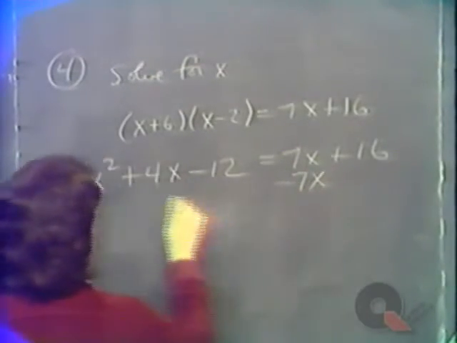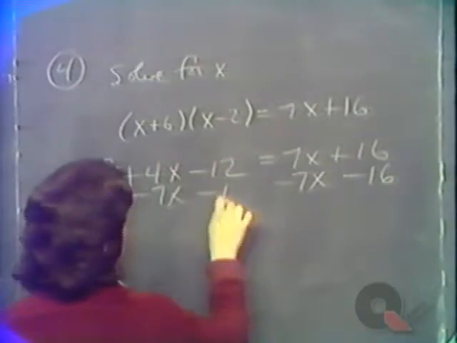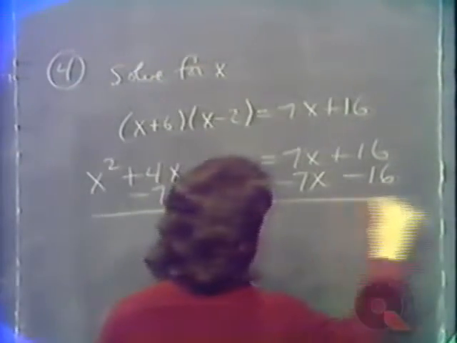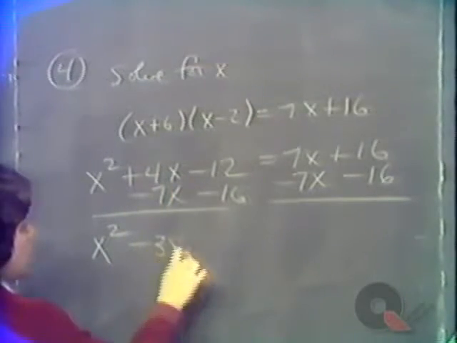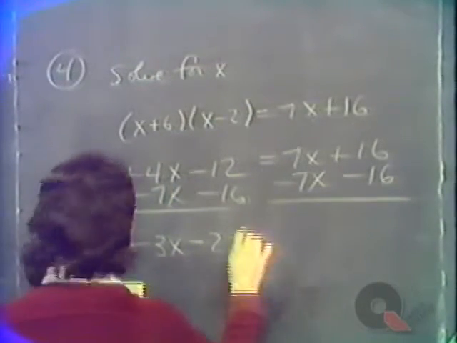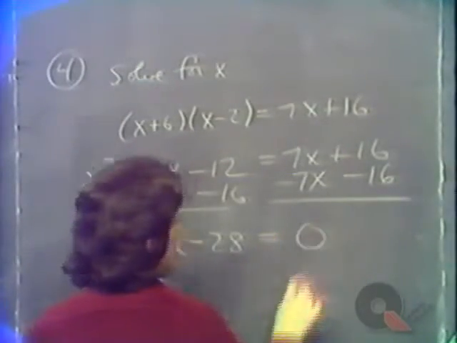Okay, so let's subtract 7x from both sides of the equation. And also let's subtract 16 from both sides of the equation. This will give us x squared, 4x minus 7x, minus 3x, minus 28 equals 0.